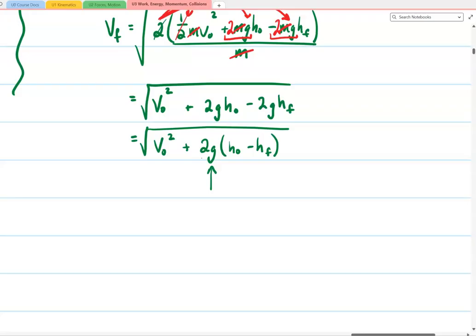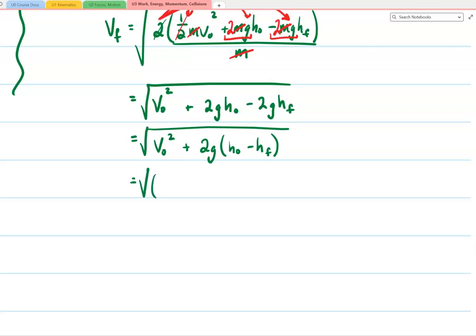And in a case where we have an object that's falling due to gravity, h naught minus hf would actually always be reported as a positive number, because our initial position would be higher than our final position. So we'd get a positive result here. So they're essentially the same.